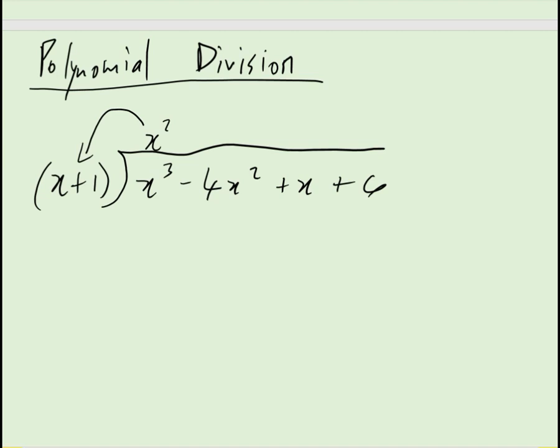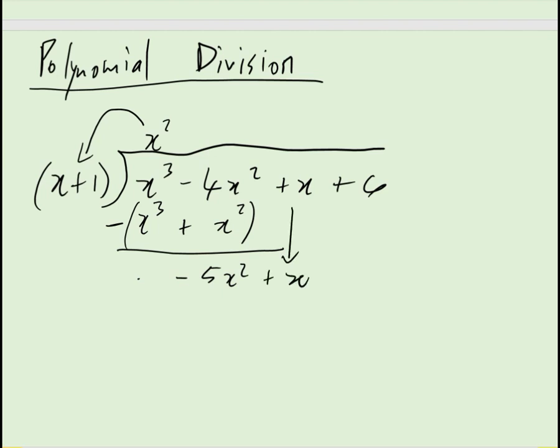So x squared times x is x cubed, x squared times plus 1 is plus x squared. Now we do subtraction. So the x cubed minus x cubed is just 0. The negative 4x squared minus x squared is negative 5x squared. And now we must bring down this other term, which is plus x.